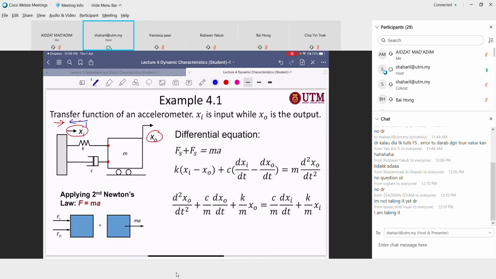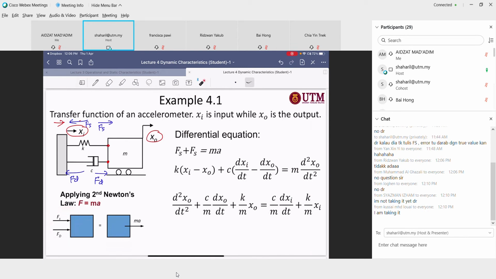This is the Ff, and at another point it gives you this force, that means force from the spring. Same thing with the damper. So that's why you get the direction of the force like this.